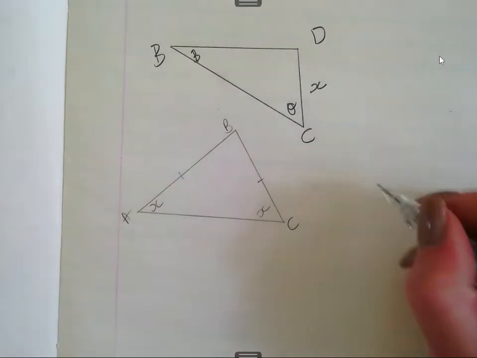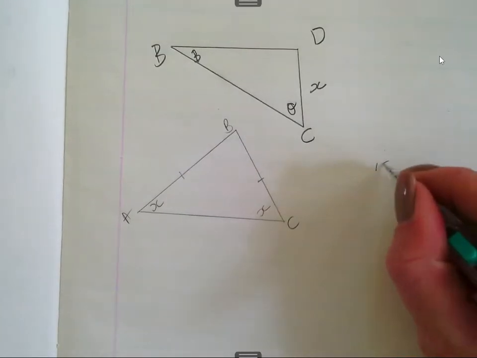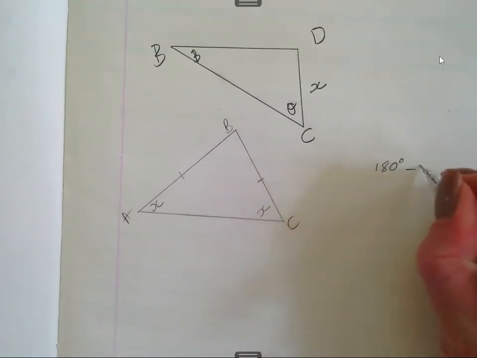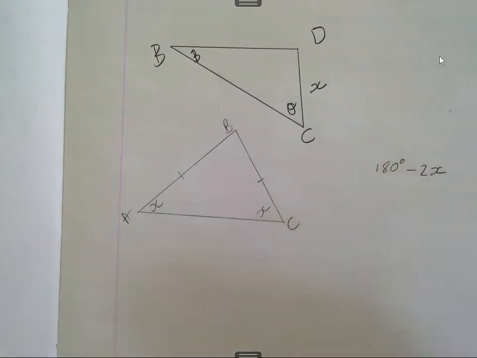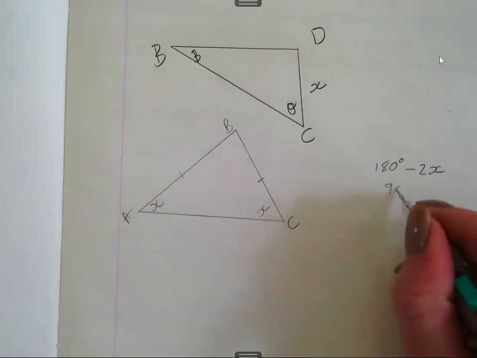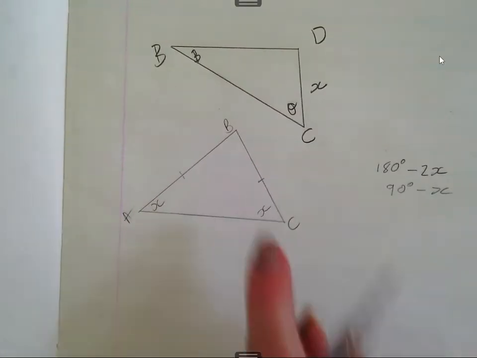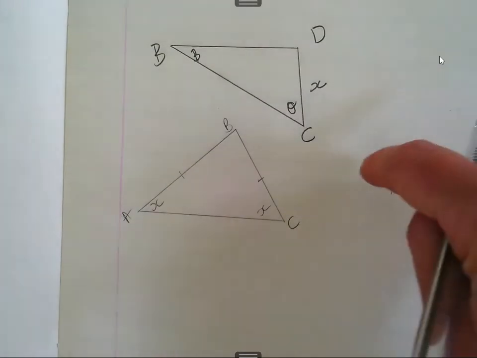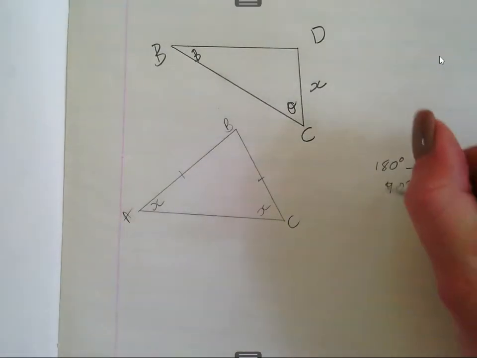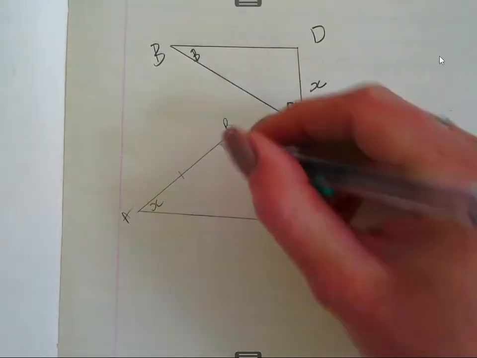What will that be? 180 degrees minus 2x, which in its simplest form will be 90 minus x. So you've just made all of the angles known without knowing what x is. All you need to do is know the value of x. If this one is 10, this one's going to be 10, this one's going to be 180 minus 20, it's going to be 160.